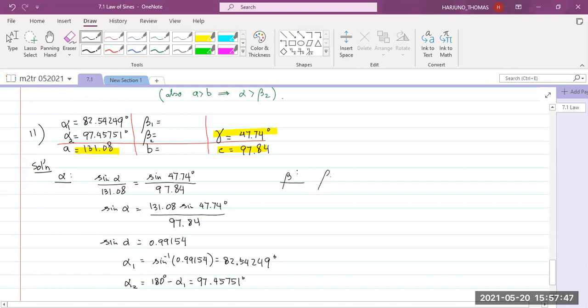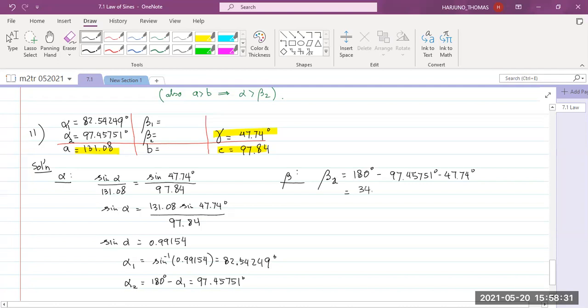So beta 1 will be 180 degrees minus 97.45751 degrees minus 47.74 degrees. No, that's actually beta 2. Yeah, the number I put here, that's beta 2.